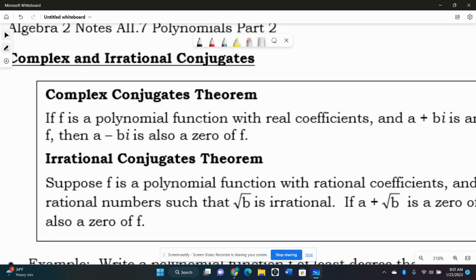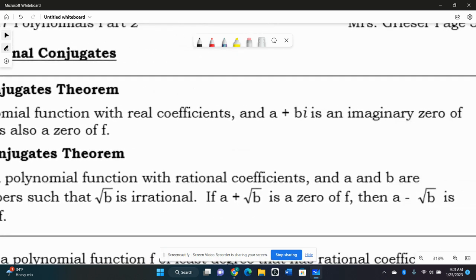So first, on our complex numbers, it says, if we have a polynomial with real coefficients, and we have this imaginary number, a plus bi, as a zero.